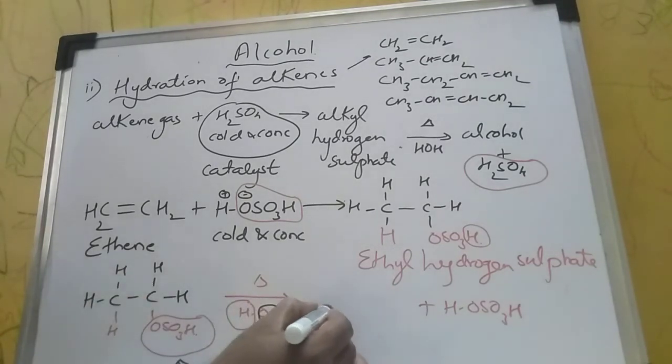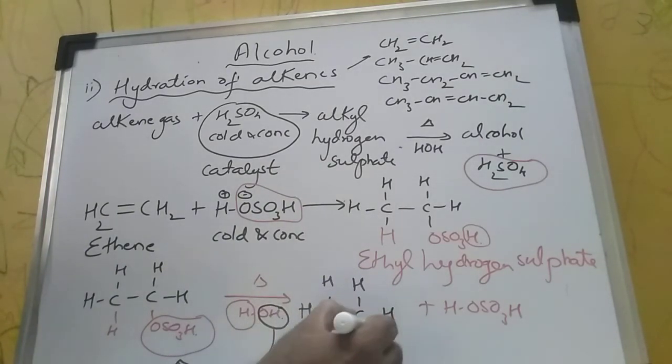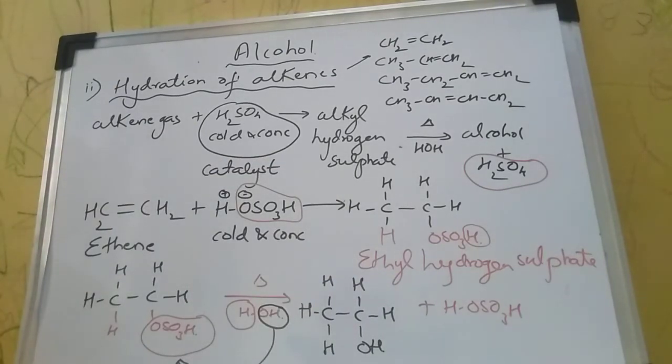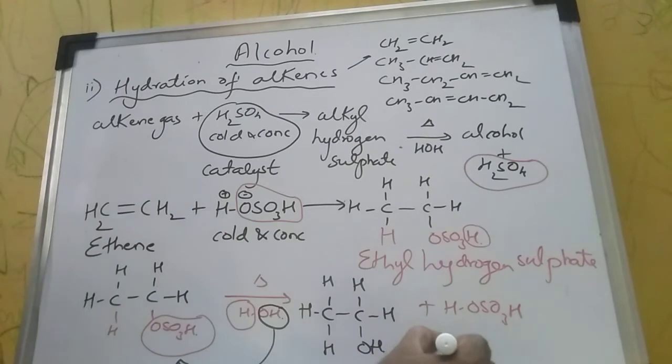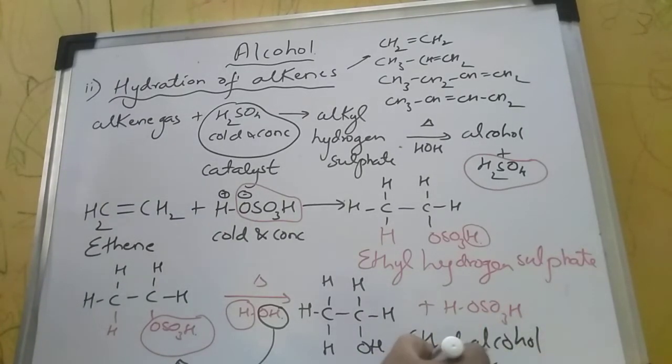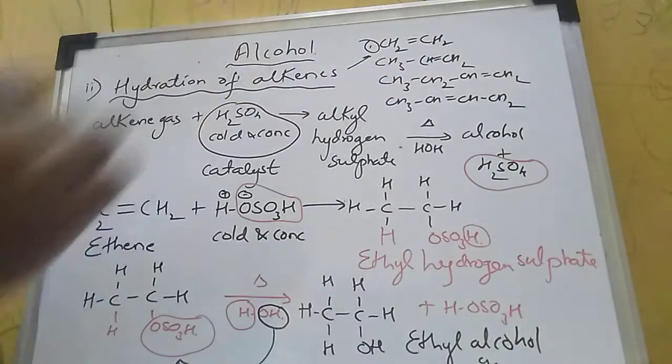So we get the product alcohol, CH3CH2OH, ethyl alcohol, or IUPAC name ethanol. So this was the reaction with this first alkene.